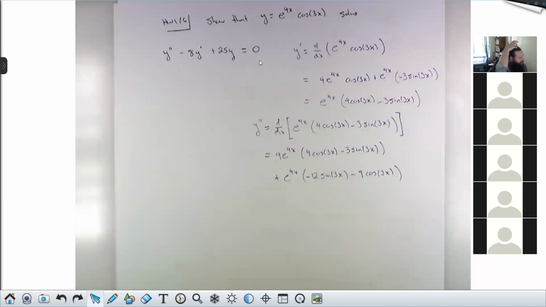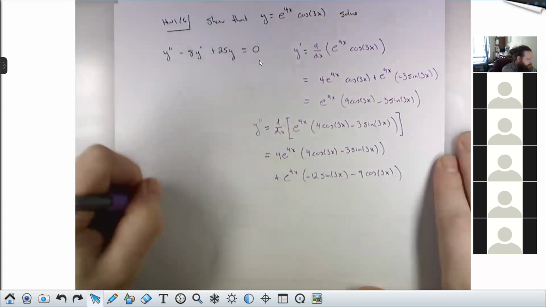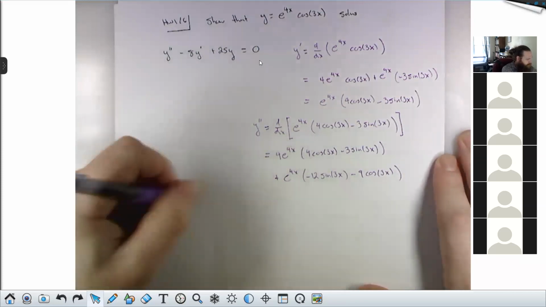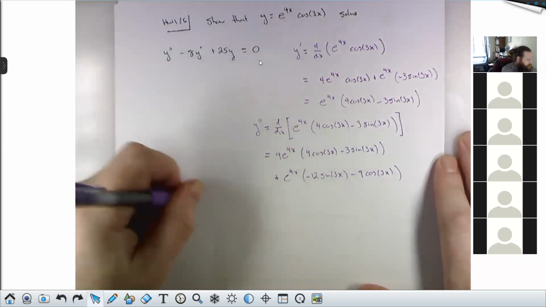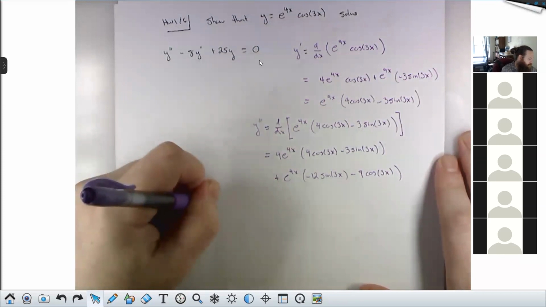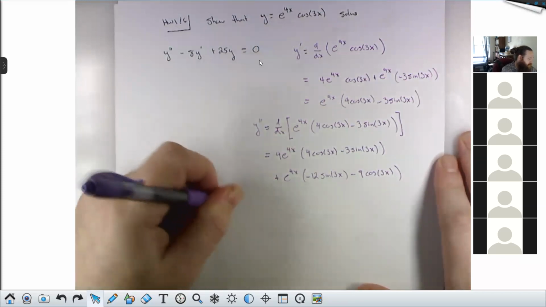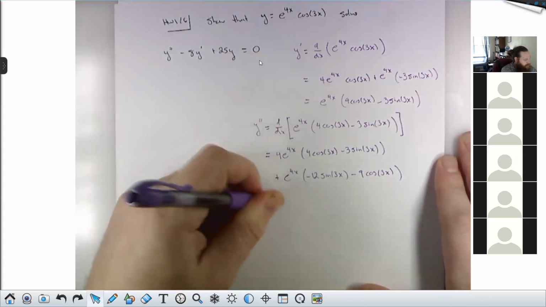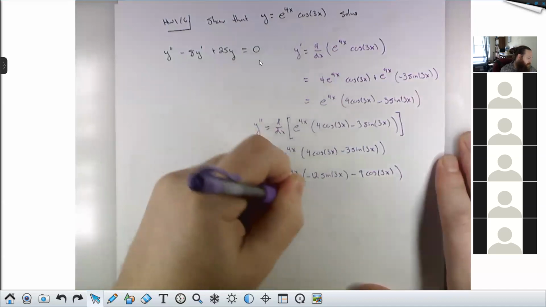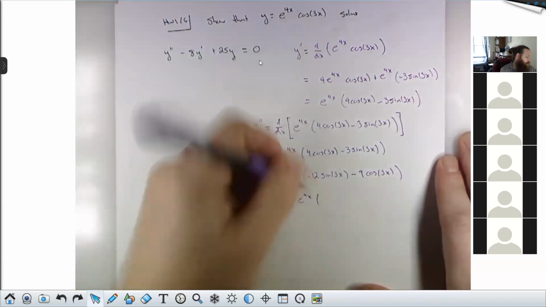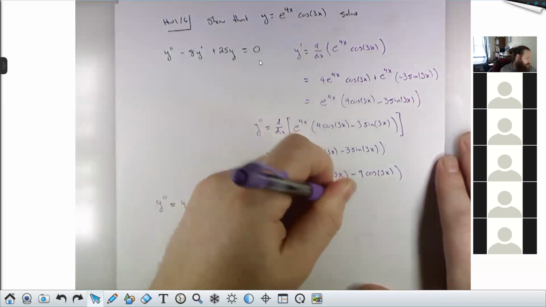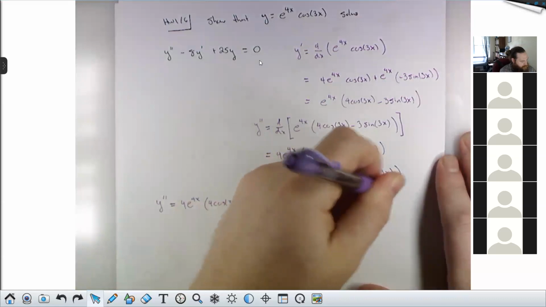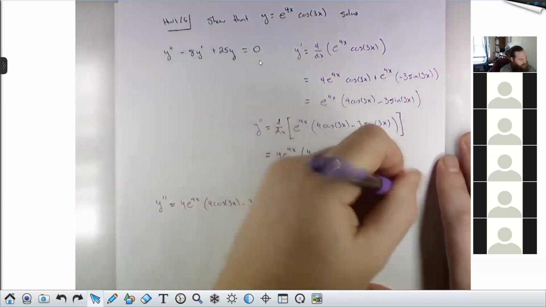Okay, so let me write y double prime out in a single line and try to simplify it. That's 4e to the 4x times 4 cos 3x minus 3 sine 3x plus e to the 4x times negative 12 sine 3x minus 9 cos 3x.